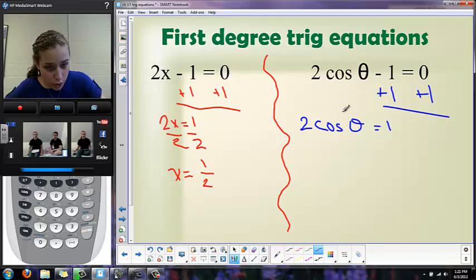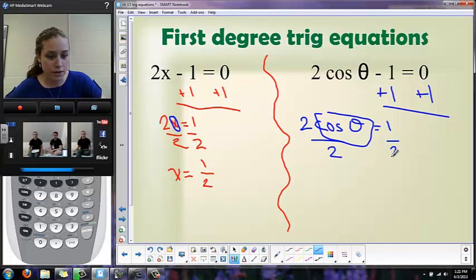I want to get this cosine theta all by itself, just like I was trying to get that x by itself. So I'm going to divide everything by 2. Cosine theta is equal to 1/2.